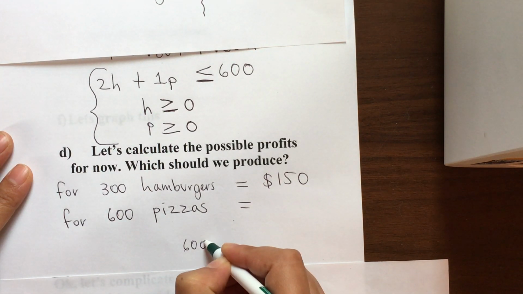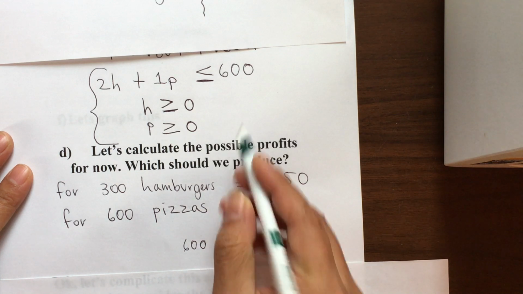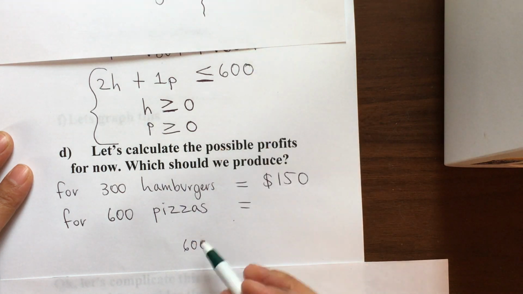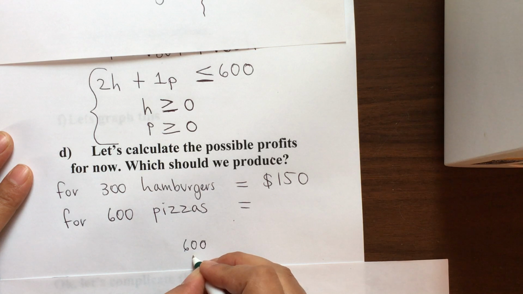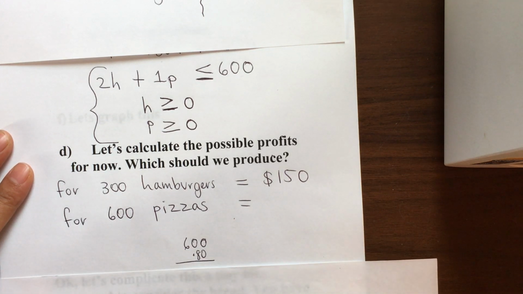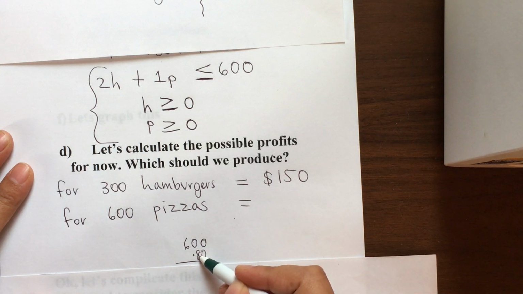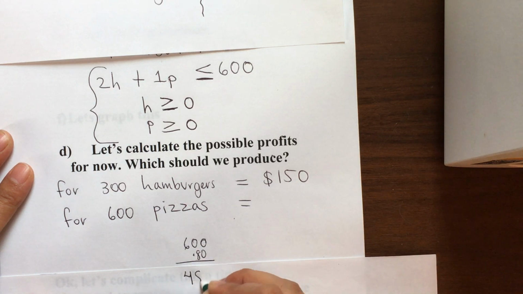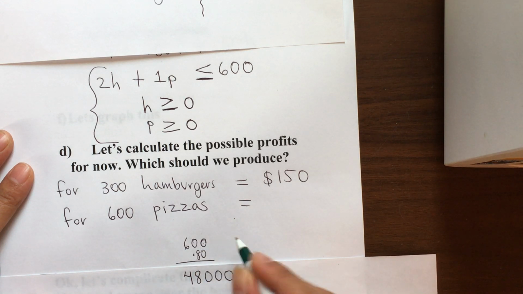If I multiply 600 by 80 cents, this is how you multiply. When you have a lot of zeros and only whole numbers, what I do is multiply the whole numbers. 6 times 8 is 48. I just add the zeros, which is 1, 2, 3 zeros.